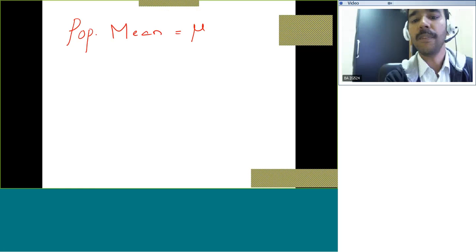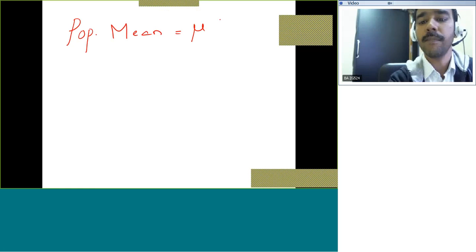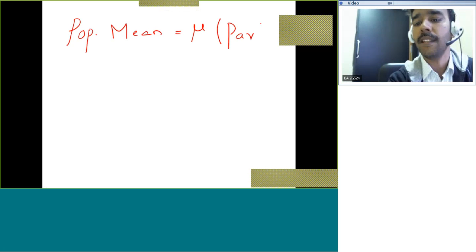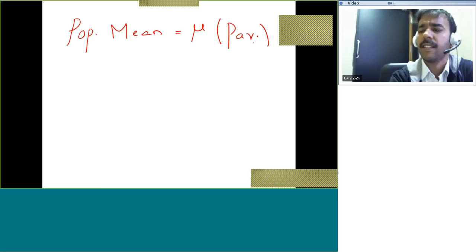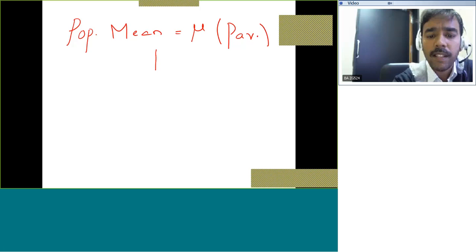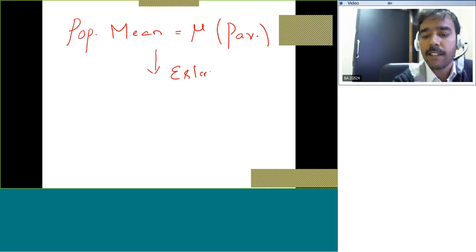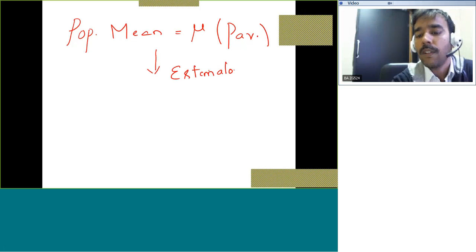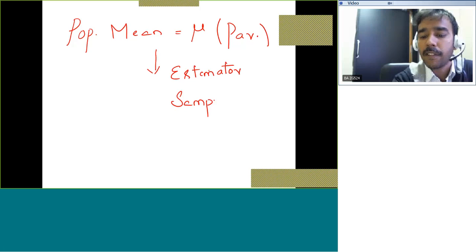Suppose the population mean is mu, this is my parameter. Somebody has asked me how do you check unbiasedness. It's not a problem. Its estimator is a sample statistic. One of the estimators I'm calling the sample mean.